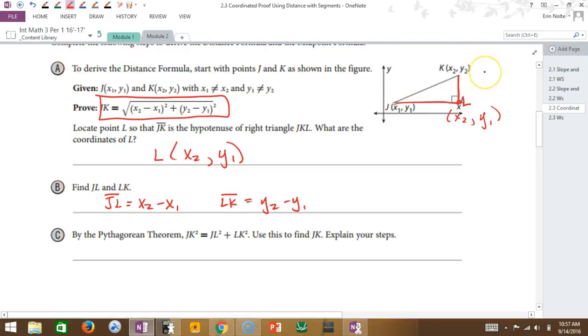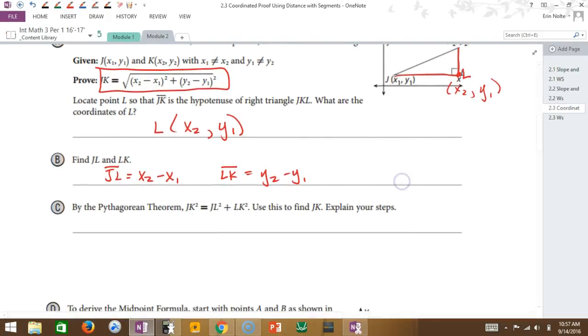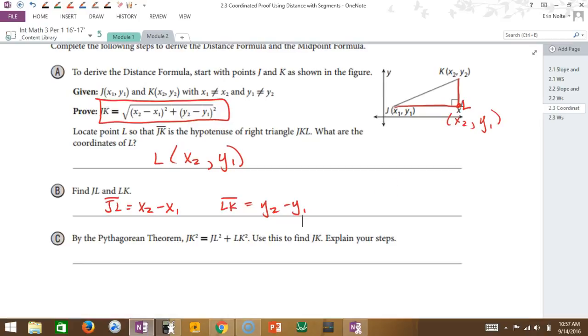We're kind of utilizing the idea of slope. That's the same idea. Okay, so since we have this right triangle, and we're talking about the lengths, naturally you're going to pull in Pythagorean's theorem. Okay, so if you recall, Pythagorean's theorem is a squared plus b squared equals c squared, right? Okay, c squared is your hypotenuse. Okay, so we're basically doing the same idea, but instead of using single values, we're using these distances that we've come up with.